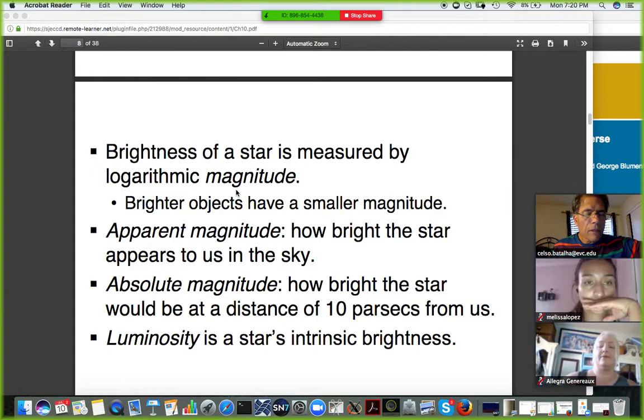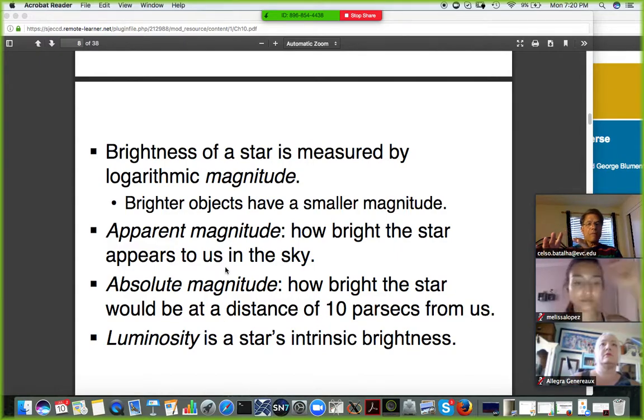Now, another set of terms in this chapter, that's chapter 10, that you should be able to learn to distinguish is the difference between what brightness is and what luminosity is. So for now, and for us, brightness and apparent magnitude will represent the same thing.